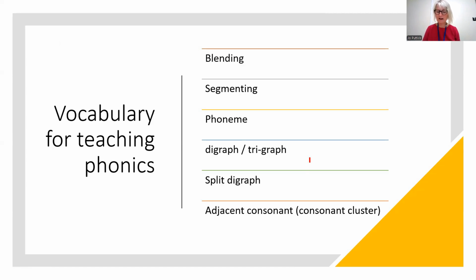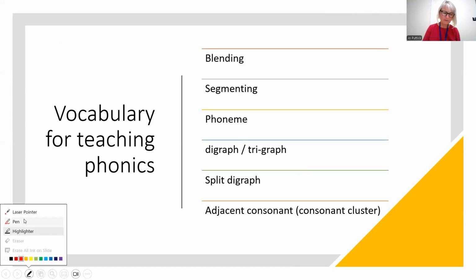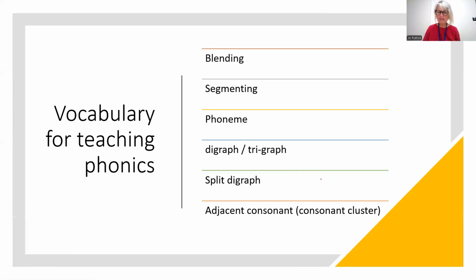A split digraph, as we saw earlier, is where we have 2 letters that represent a sound, but that they are split with a consonant. For example, earlier we had this, A, and then the letter L was in there, and an E on the end. In the word scale.